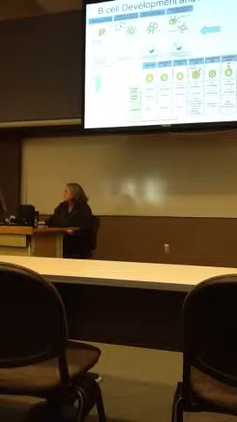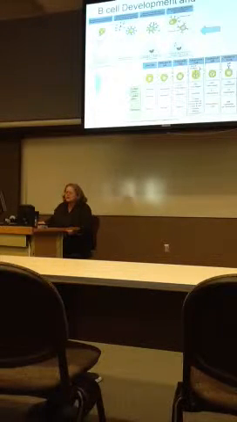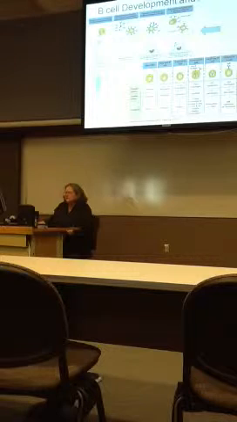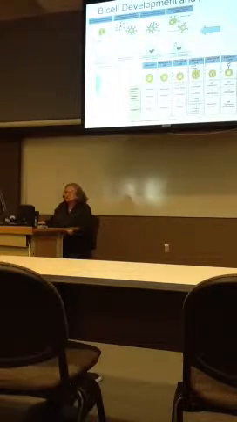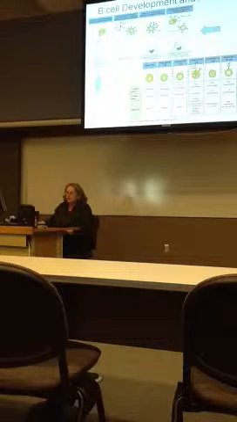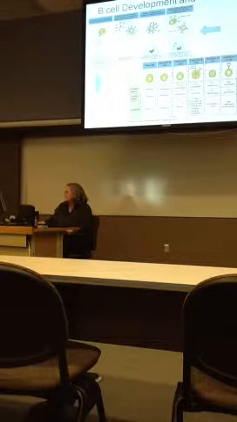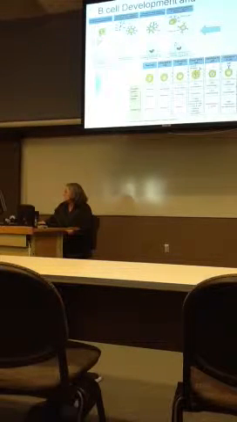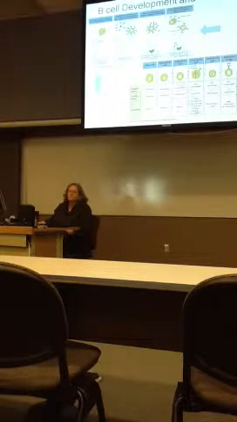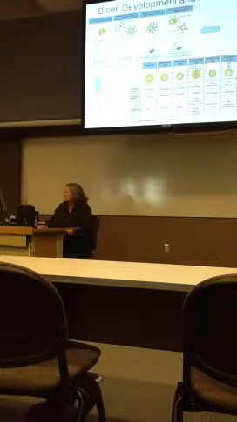This shows the heavy chain genes: V, D, J, C. Here are the light chain genes, V, J, C, lambda and kappa. And then we have surface antibody.